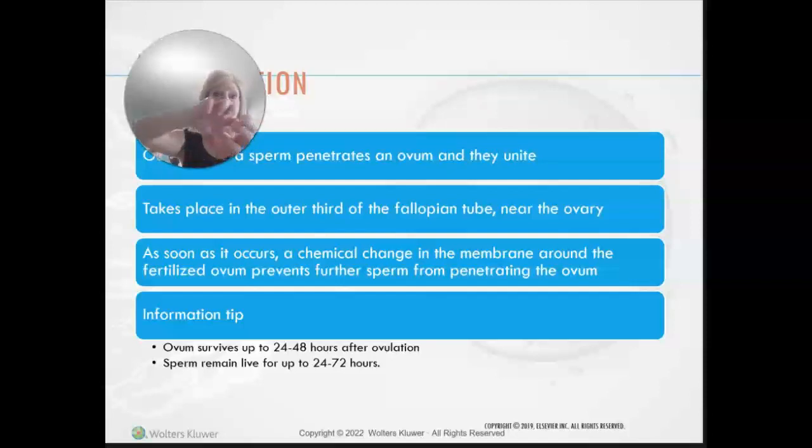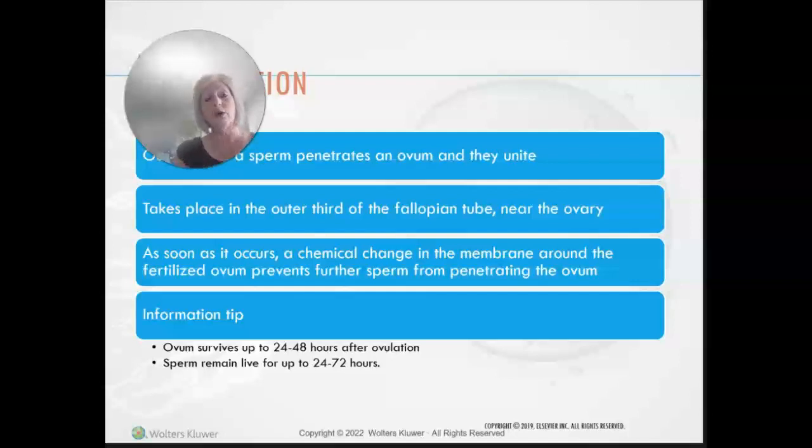So it's going to release out of the ovary in that ampule, in that outer third of the fallopian tube, kind of closer to the ovary, it's going to get fertilized. Now, as soon as it gets fertilized, a chemical change happens inside that ova, which puts a protective membrane around that fertilized ova and prevents any more sperm from penetrating that ova.